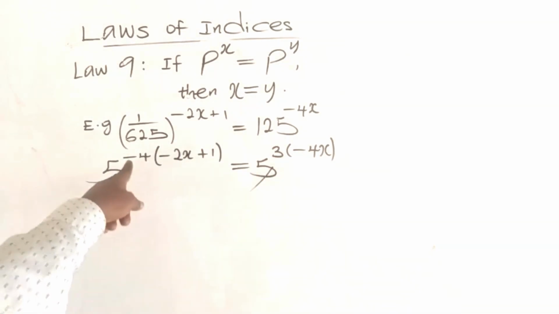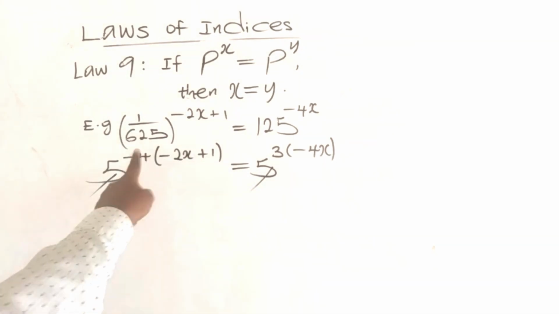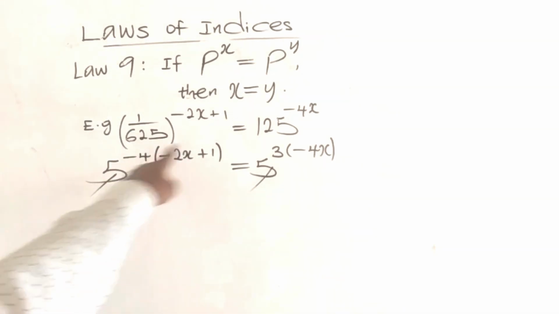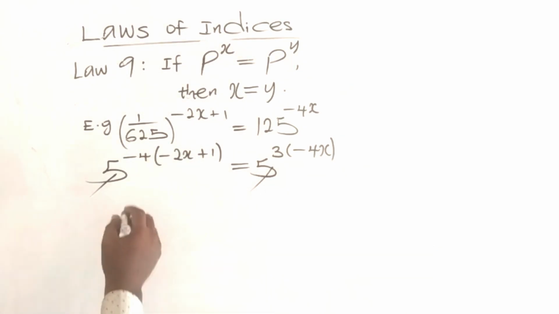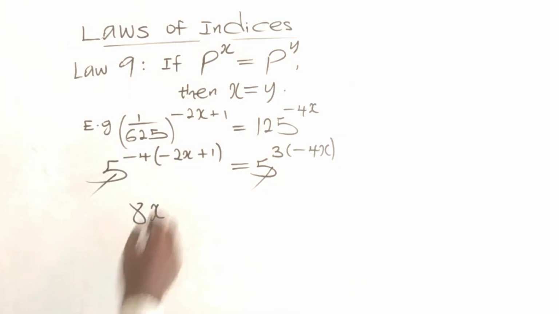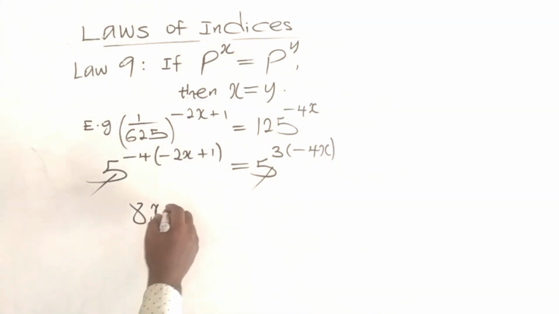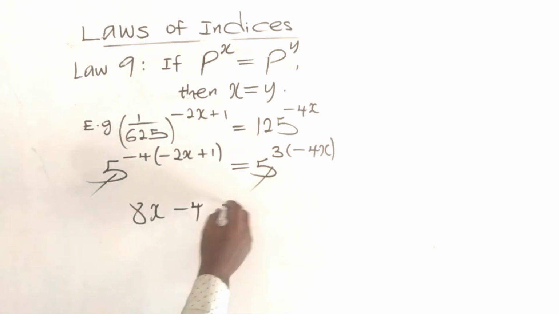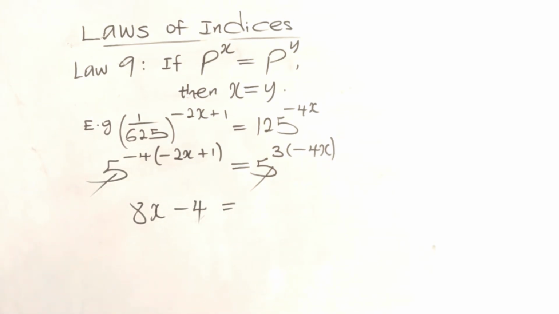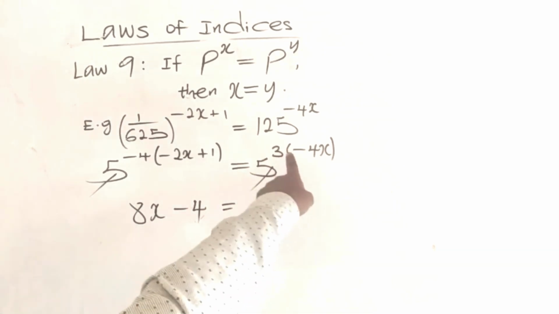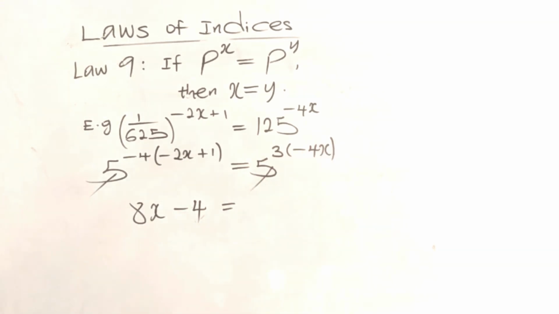Minus 4 multiplies minus 2x, that gives you positive 8x. Minus times minus will give you plus. Minus 4 multiplies plus 1, that gives you minus 4. Also, 3 multiplies minus 4x, that gives you minus 12x.